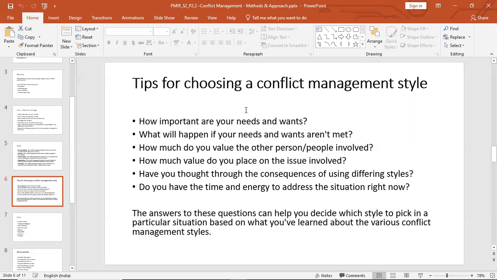How to choose what approach is correct for your organization. Suppose there are many conflicts. You have also many approaches. Whether to avoid a conflict, whether to deal with a conflict, whether to correct a conflict. So, how you are deciding the management style. So, there are different steps we discussed.